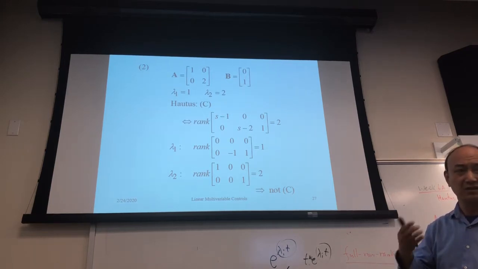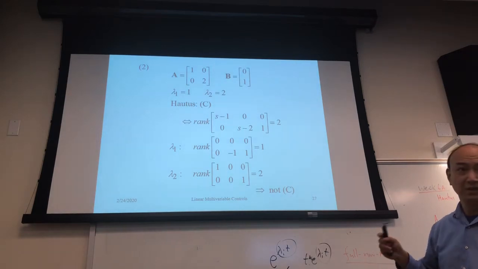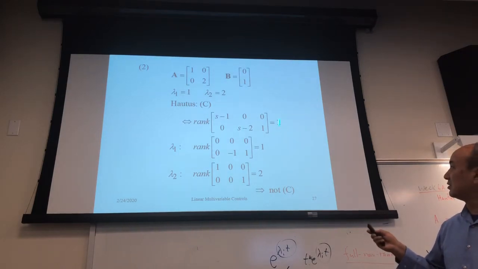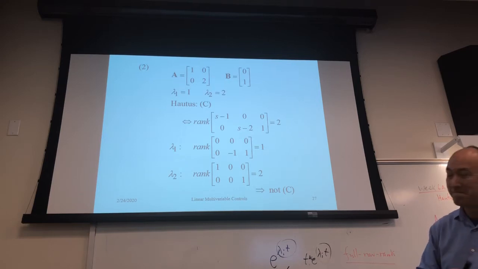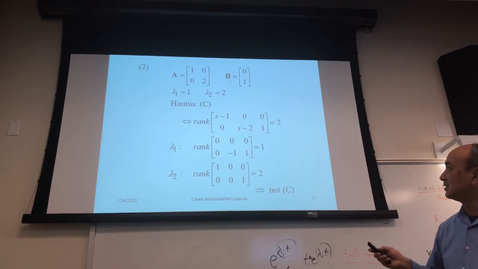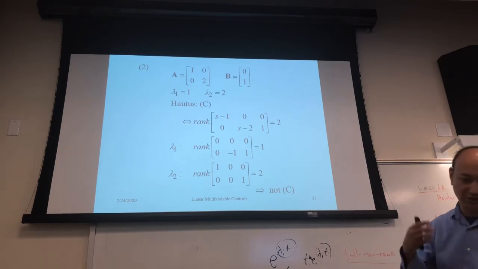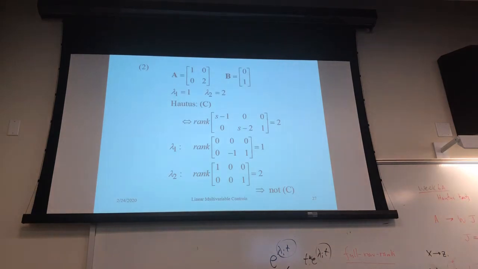So there exists an S that makes the rank less than full. So this is true for S not 1. So this one will be 0. Okay, like here. If you find anything that is not fully ranked, you can destroy the controllability conclusion immediately. But to say, oh, this is fully controllable, you really need to check all the S.